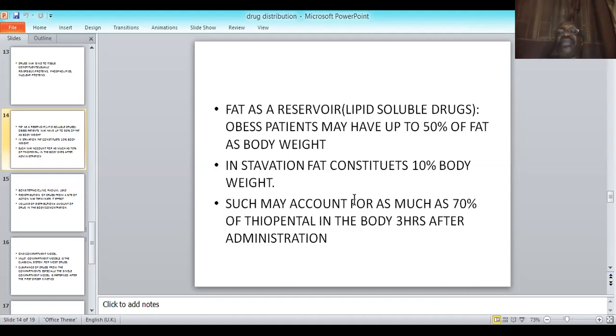We can imagine the therapy of thiopental, for example. This is highly lipid soluble. It partitions like some of these other anesthetic gases. It partitions into the brain. And so you have a rapid onset of action in terms of anesthesia.